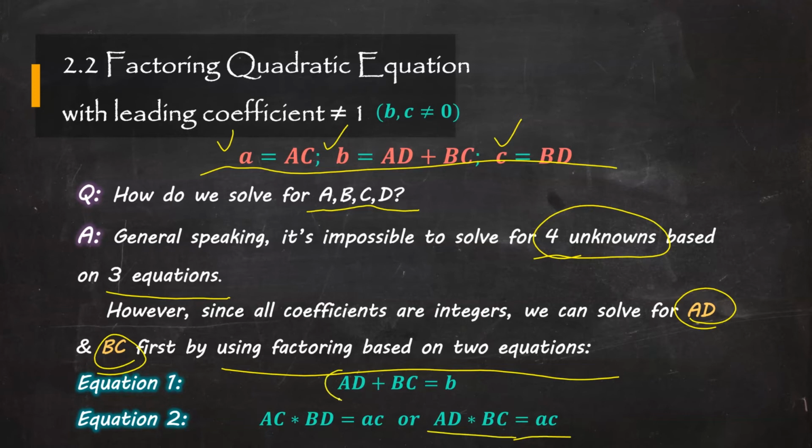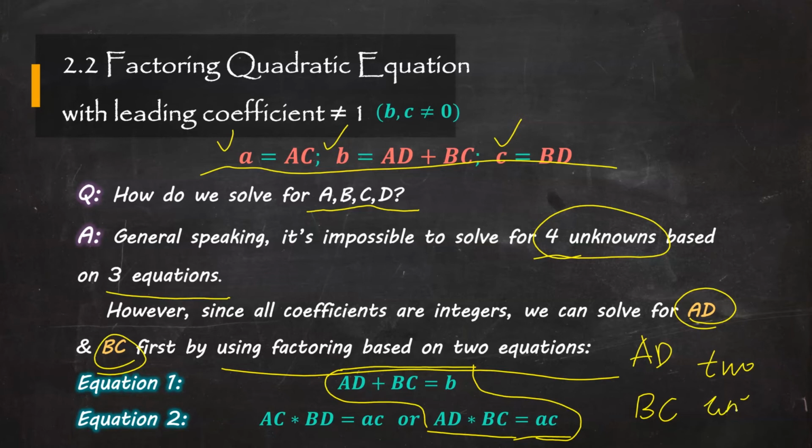So basically we're using those 2 equations, and we can treat AD and BC as 2 different variables, or 2 different unknowns, right? So now we have 2 unknowns and we have 2 equations. So this is perfect. It's going to be easy for us to solve for AD and BC, right?